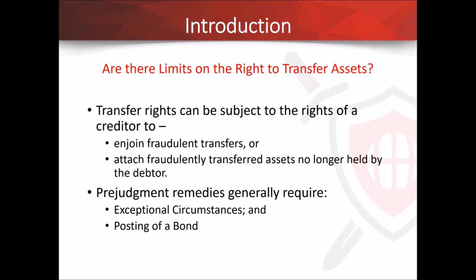That means prohibit further transfer of transfers that a creditor is able to prove up as a fraudulent transfer, or to attach, essentially, similar to putting a lien or a garnishment on an asset that's been transferred by a debtor. But it's fairly difficult.